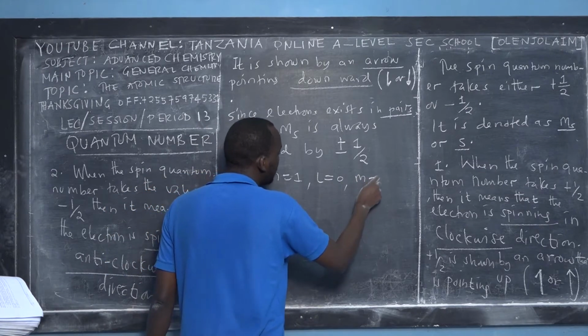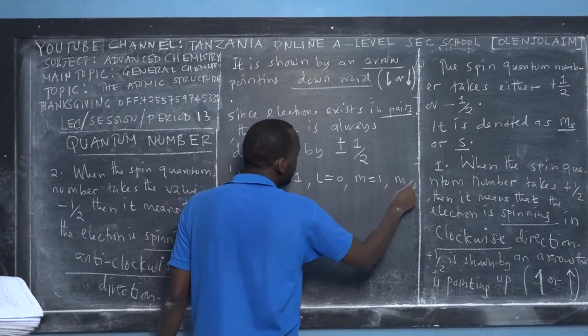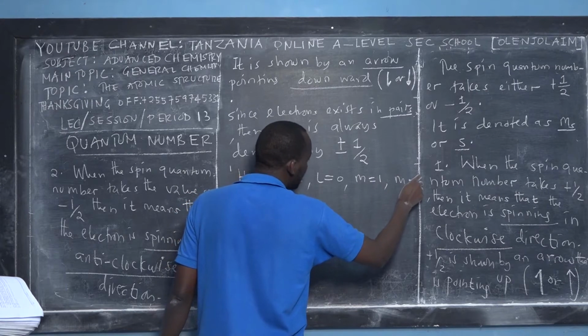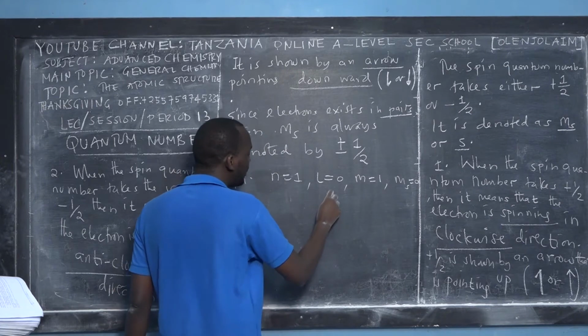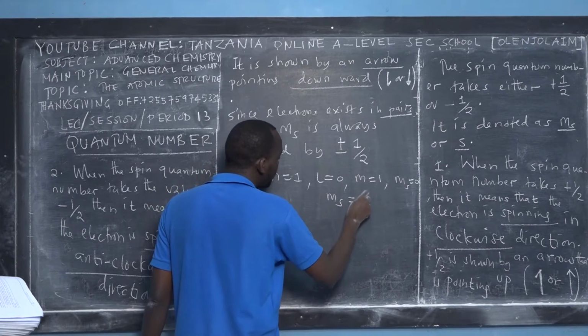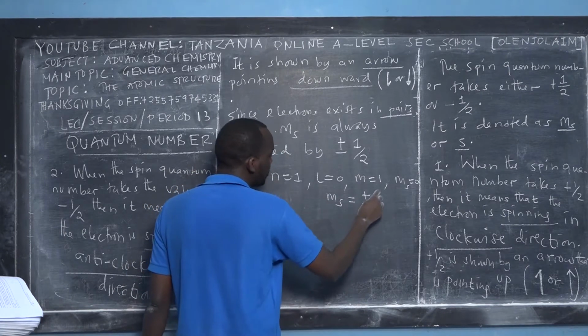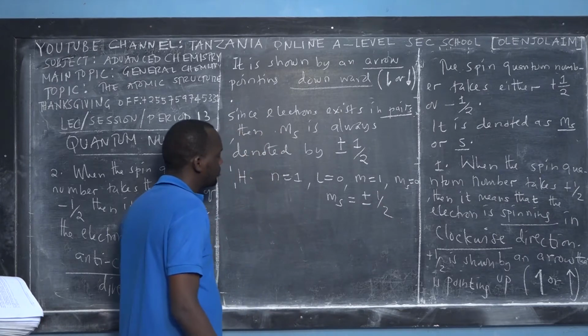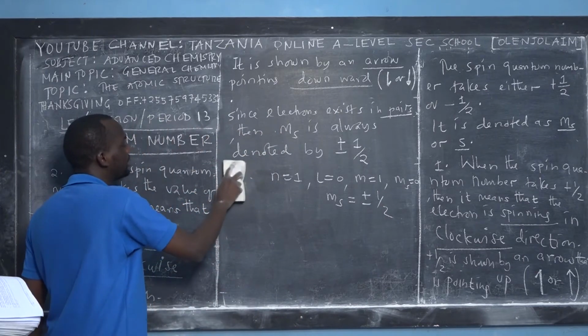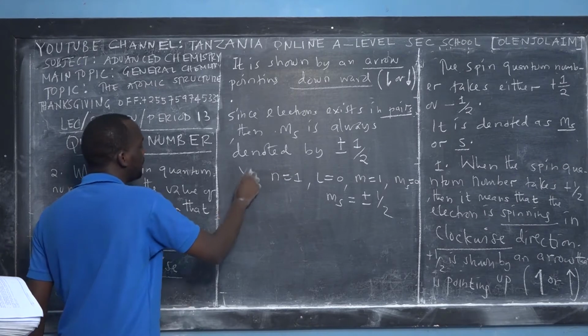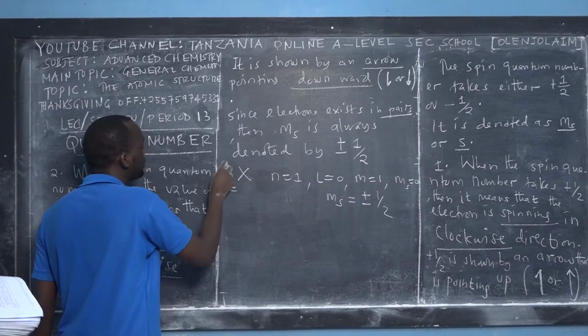Its magnetic quantum number is equal to 0. So its spin quantum number, if it is full of electrons, is plus or minus a half. Suppose that this is just a certain element X, this is the atomic number, this is the atomic mass.